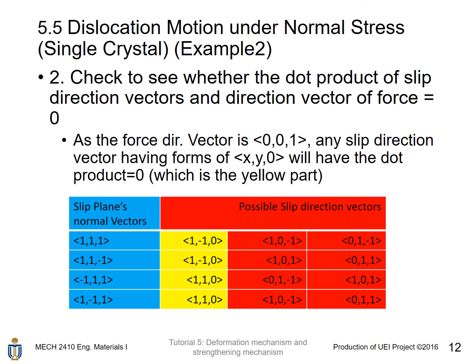As the force direction vector is 0, 0, 1, any slip direction vector of the form x, y, 0 will have a dot product equal to 0, which is the yellow part of the following table. Basically, that means we can reject these possible choices.